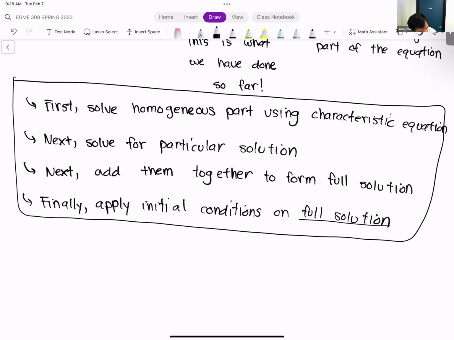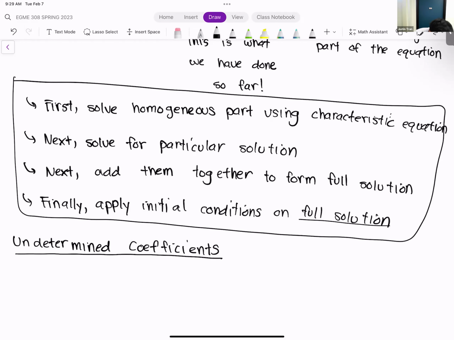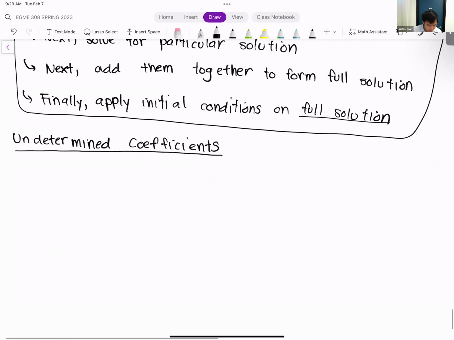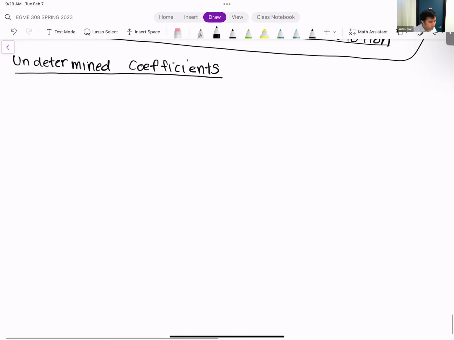Okay, all right, so let's talk about undetermined coefficients. It almost feels bad calling this an actual method because it's more of a trick than anything else. Okay. And so the idea with undetermined coefficients is that if your non-homogeneous term, your R of x, takes a particular form, then we can guess that the particular solution will look like that form.